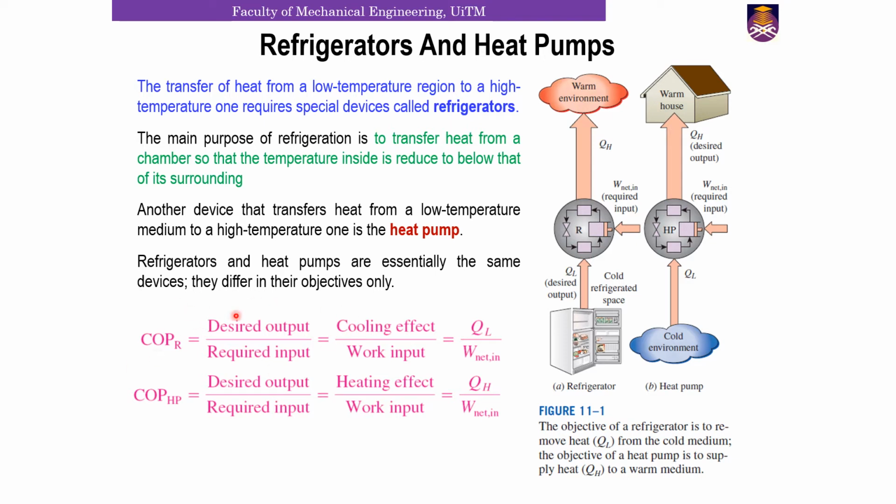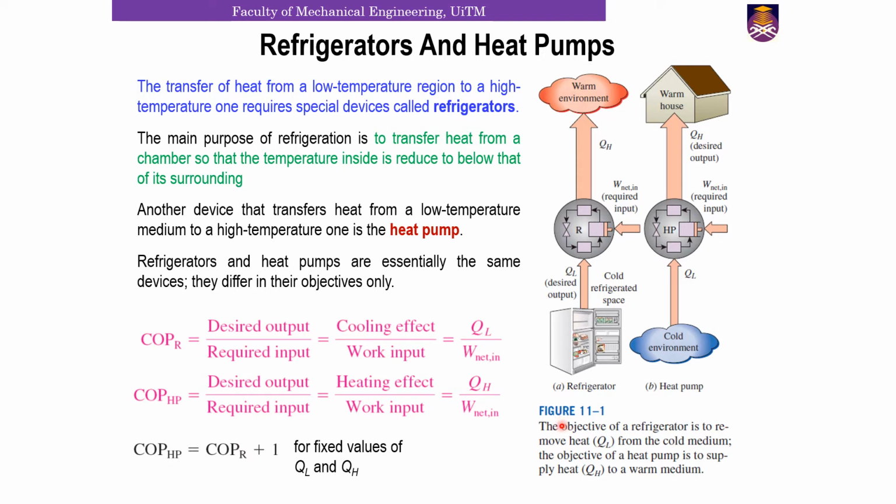But the desired output for a refrigerator is the cooling effect, and the desired output for a heat pump is the heating effect. So they will differ in terms of your COP definition for both refrigerator and heat pump in terms of QL and QH. So you need to know the formula for both the refrigerator and heat pump, and it is defined as this.